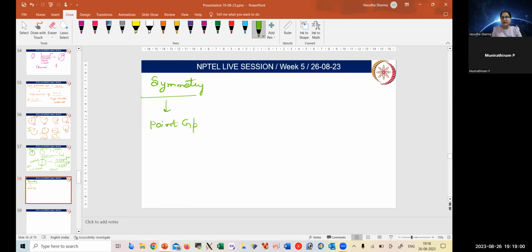Then we came to the chirality concept, and concluded that molecules that can be grouped into C and DN point groups, without any SN improper axis of rotation, are chiral. So symmetry is clear, and from symmetry we understood chirality.